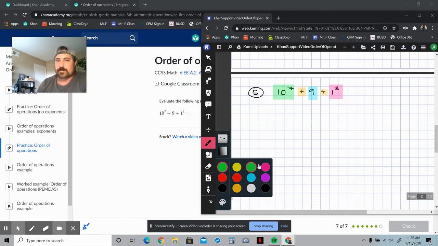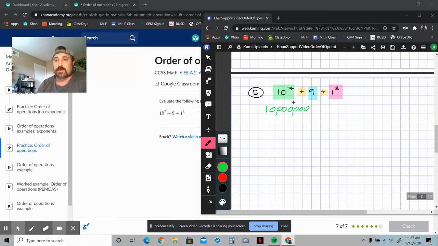So 10 to the 7th just means 10 times itself 7 times, which basically means when you have power of 10 raised to the 7th power, it's going to be a 1 with 7 zeros. 1, 2, 3, 4, 5, 6, 7. Because every time that you times 10 by itself, you're going to move the decimal place 1 to the right. So you can think of it as 1 times 10 to the 7th, right?